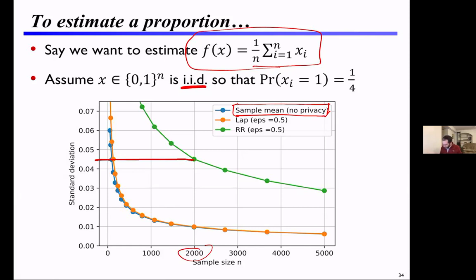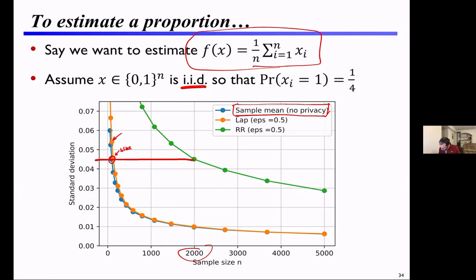But the thing that ignores privacy completely and the Laplace mechanism, they both start giving you these kind of estimates at a much smaller sample size. So actually the right point to compare, this is the blue, and the comparable point on the orange curve is this one.